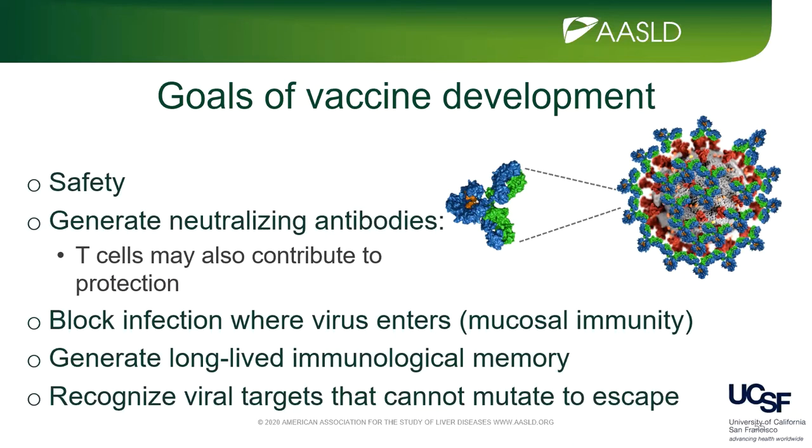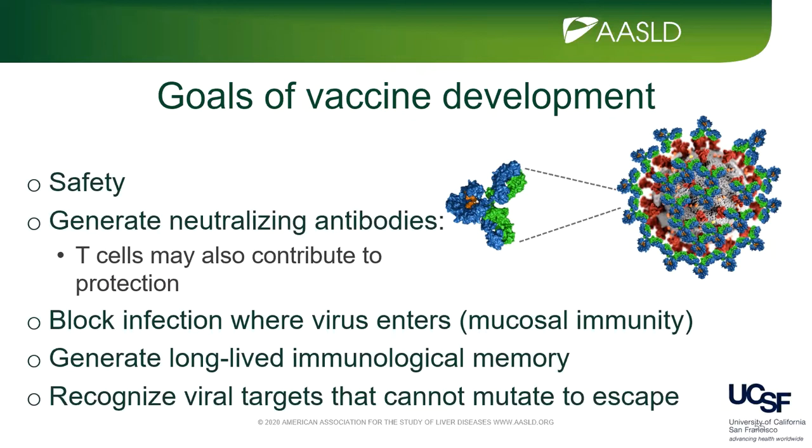vaccine development. There is emerging evidence that T cells can also contribute to immune protection against SARS-CoV-2. And so while there's no specific effort to generate predominantly T cell response generating vaccines, they are likely to be a component of several of the vaccine strategies.